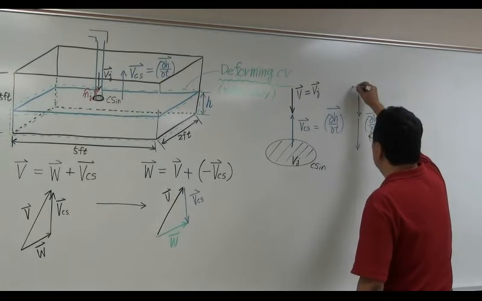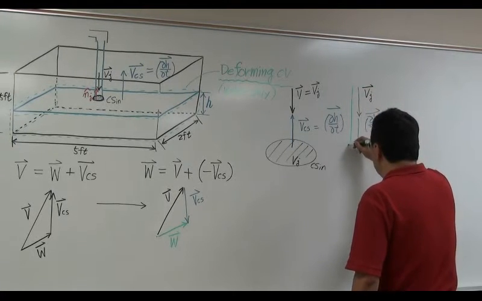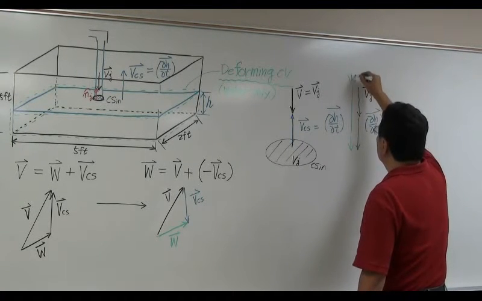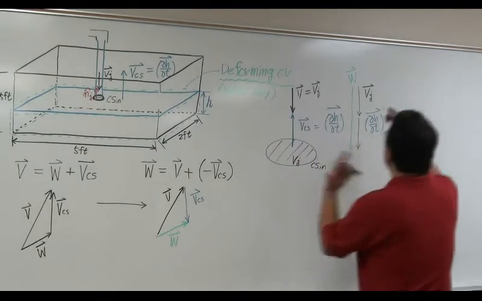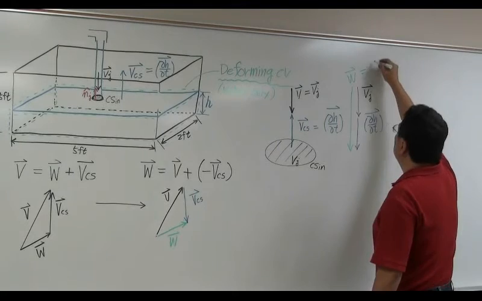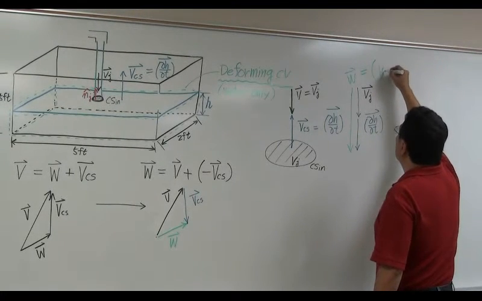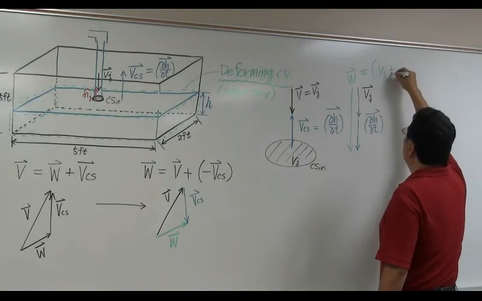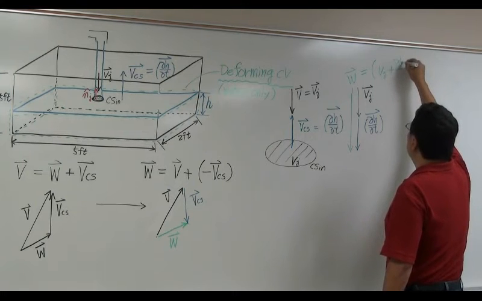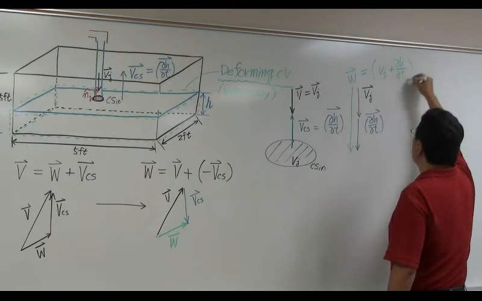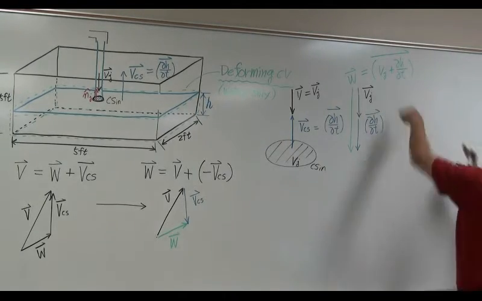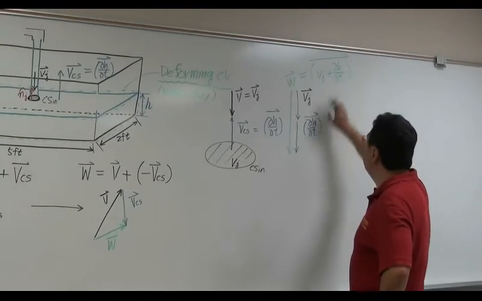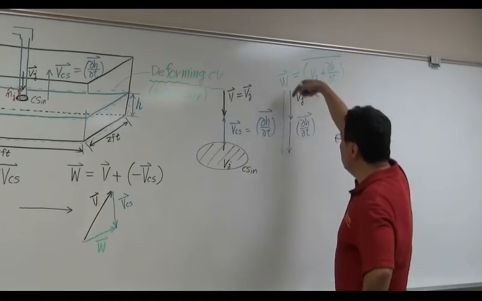Then that is going to be W, the relative velocity. Magnitude-wise, W is the magnitude of Bj added to the magnitude of dH dt. This is a velocity vector with the magnitude of Bj plus dH dt, direction is going down.